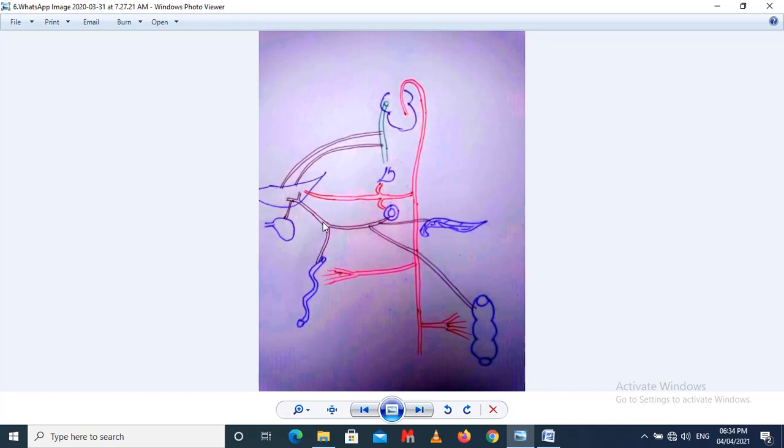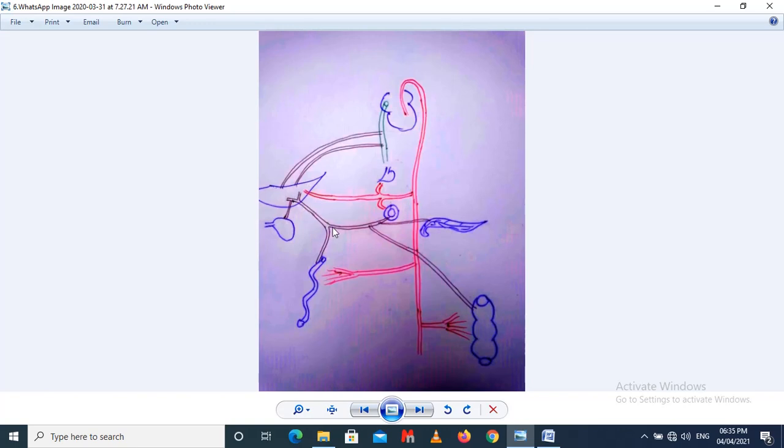But over here in the viscera, in the liver, the system is completely different, because the liver gets oxygenated blood directly from the heart. You can see that directly from the aorta the hepatic artery comes over here and gives blood supply to the liver. But this liver also gets the blood supply from the visceral organs.